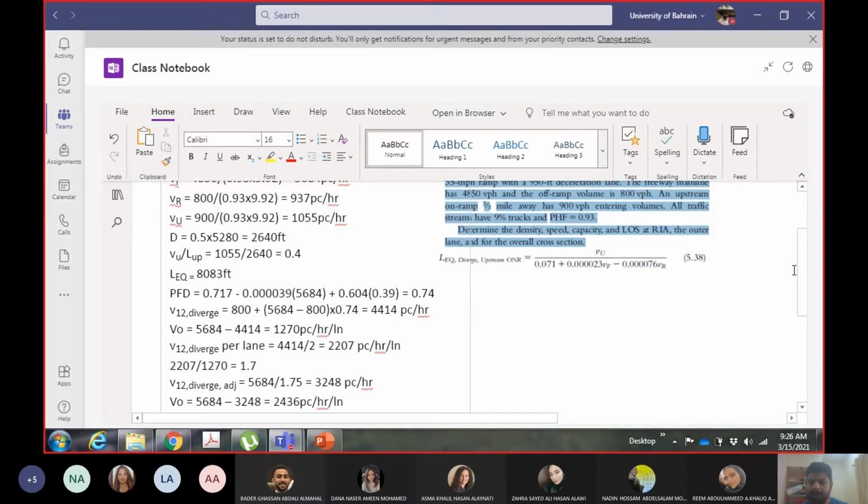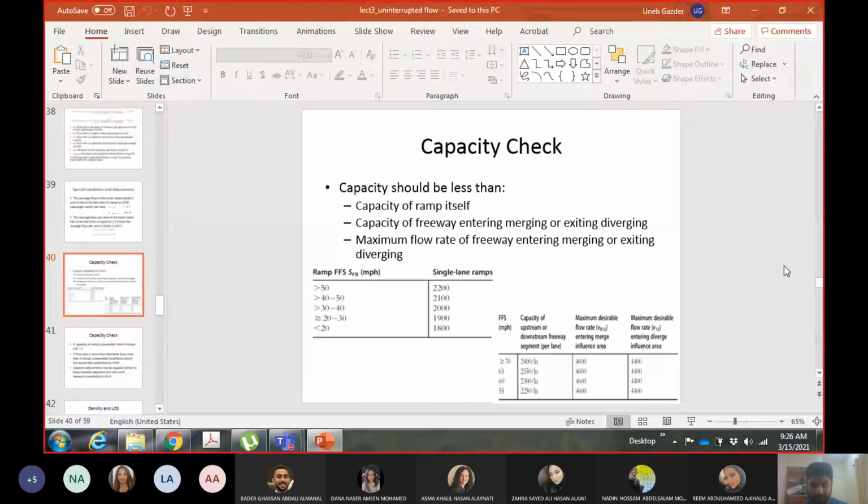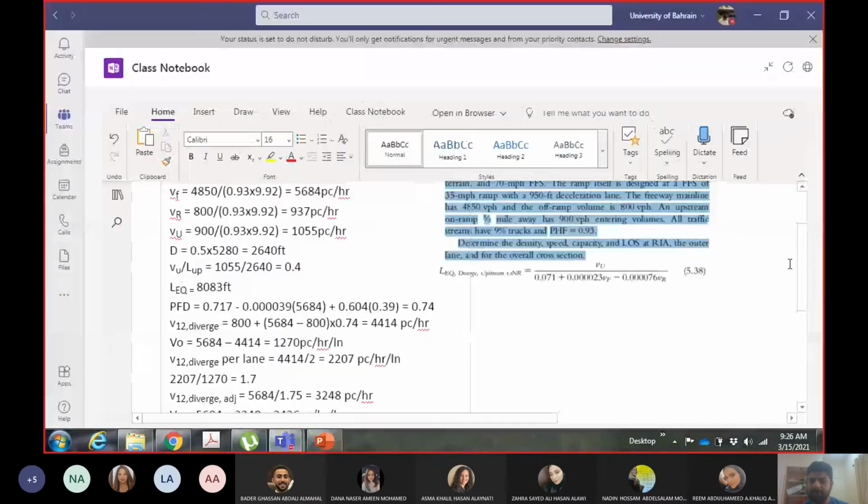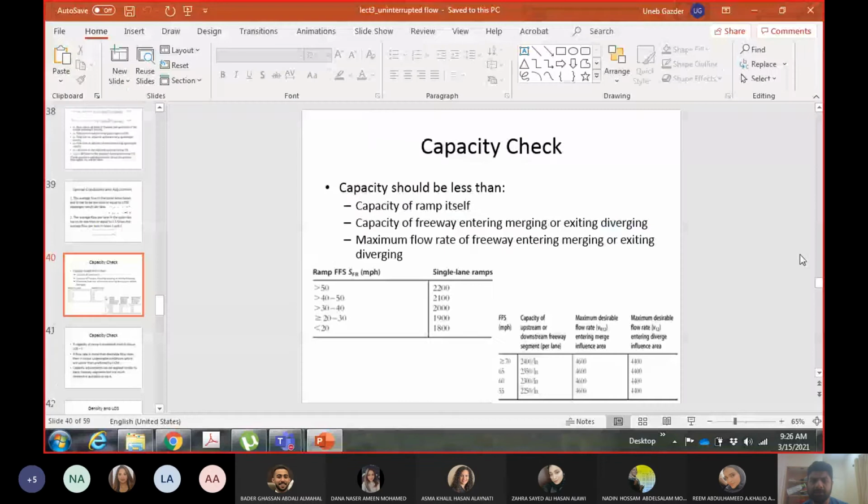The ramp is at a speed of how much? 35 miles per hour. The ramp speed is 35 and the speed of the freeway is 70. So the ramp capacity is this one.